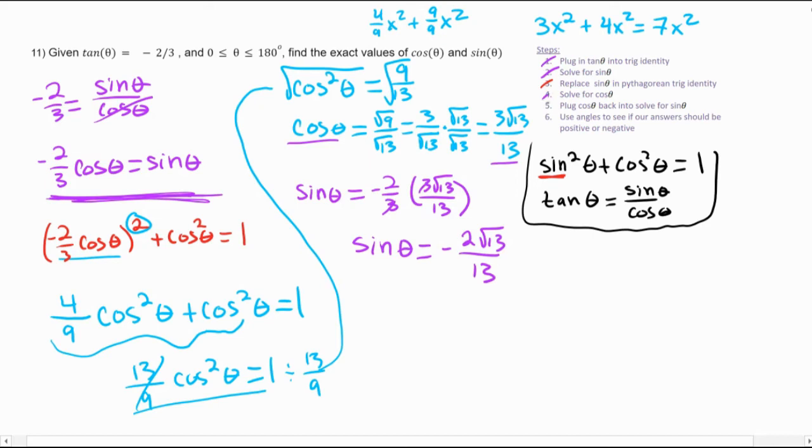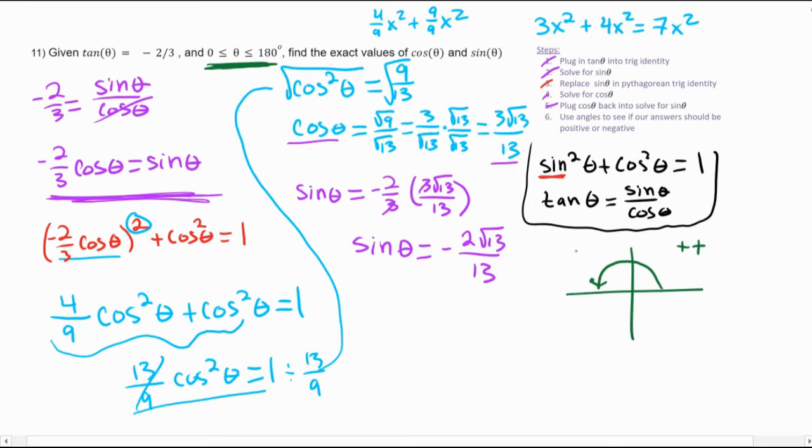We're so close. Now we just have to figure out if our answers should be positive or negative. And if you think about this, let's look back at this here. First of all, I know that 0 to 180, it's going to be somewhere in these two here. Now, tangent is sine of theta over cosine of theta. In the top right here, both cosine and sine are positive.